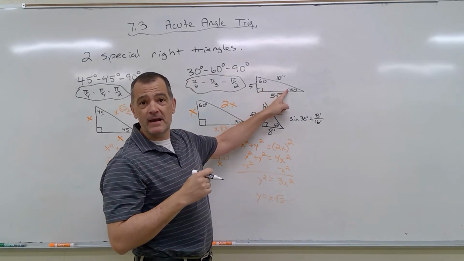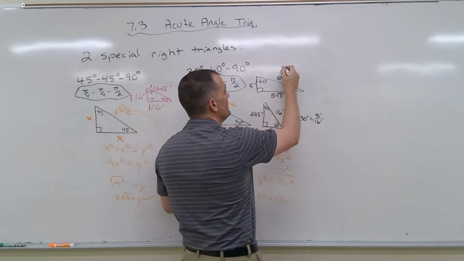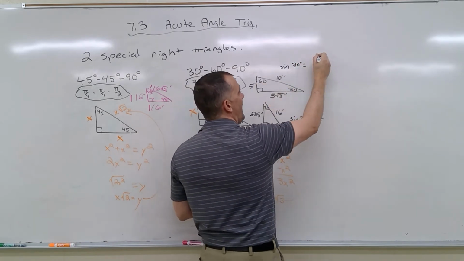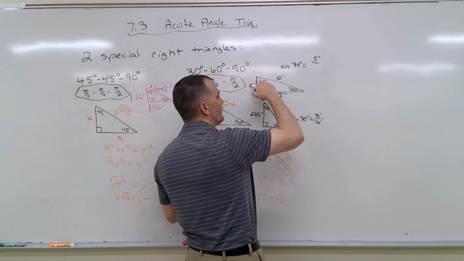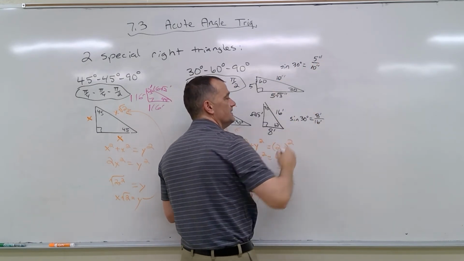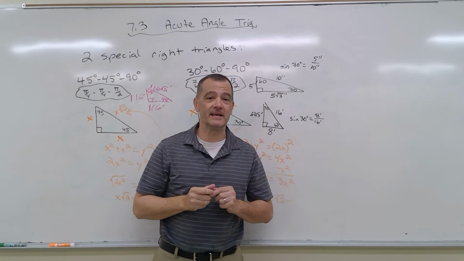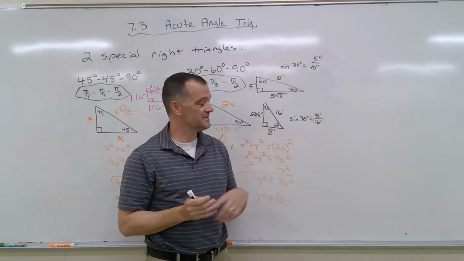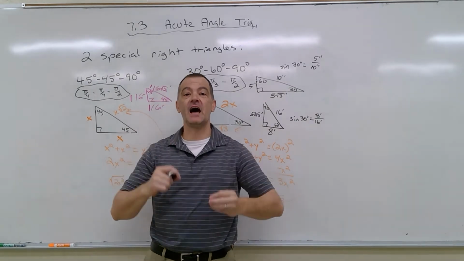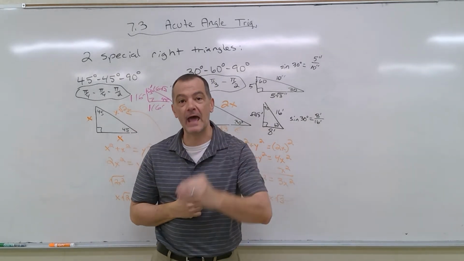What about the sine of this other 30 degree angle? It would also be opposite over the hypotenuse. And what do you notice the sine of any 30 degree angle is? 1/2. The sine of 30 degrees is 1/2.